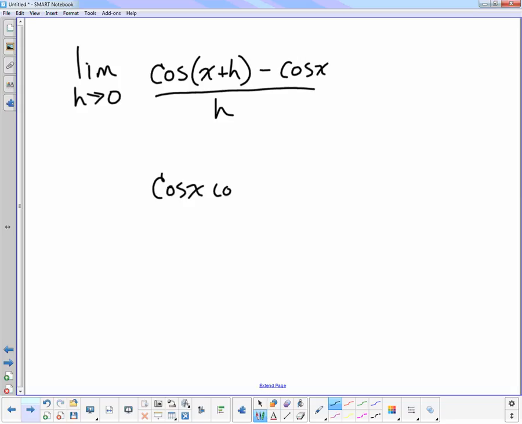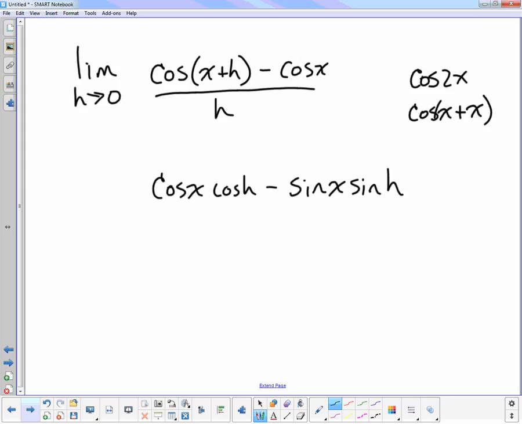Cosine of x, cosine of h minus sine of x, sine of h. Remember, this comes from the half and double angle formulas. That's how you get the half and double angle. So cosine of 2x is cosine x cosine x minus sine x sine x, which is cosine squared x minus sine squared x, which is what this is equal to.